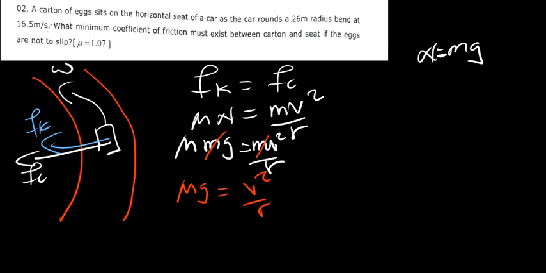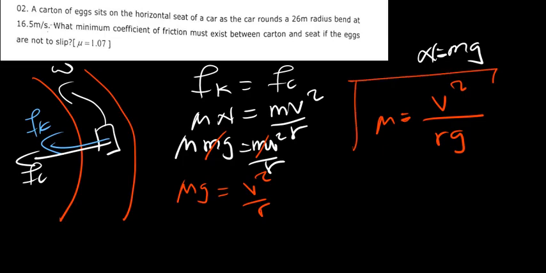In most cases, they are going to ask you to find the coefficient of friction. If I cross multiply here, the mu value will be equal to v squared divided by rg. So I can use this formula to find the coefficient of friction.